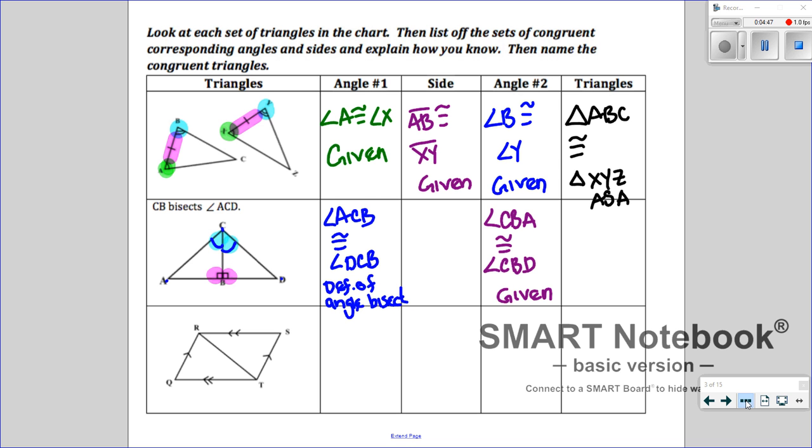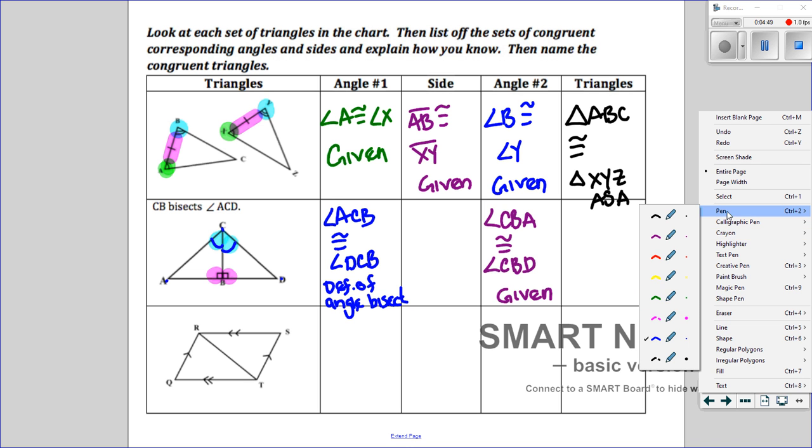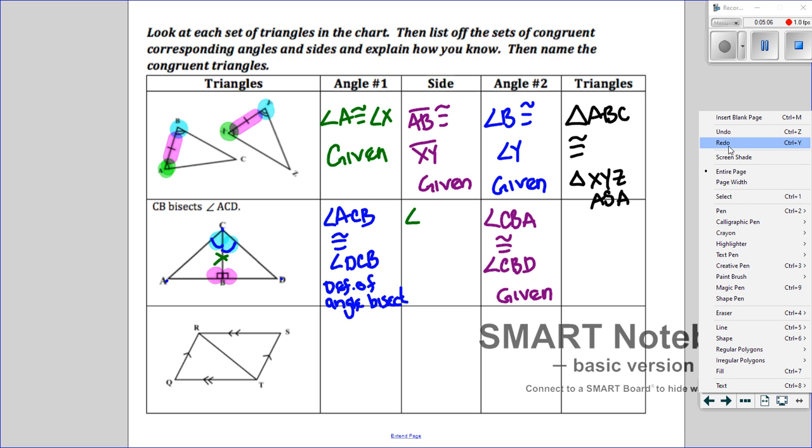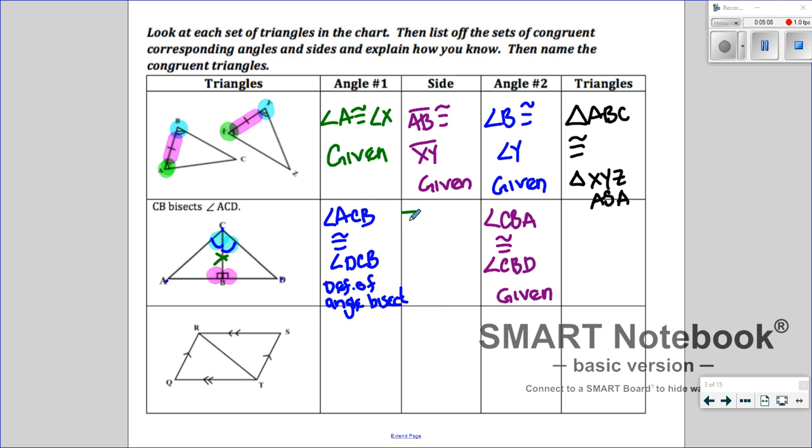And now we're going to do the side, and that side would be CB. We've got two triangles that share a common side, so it's going to be the reflexive property. They're going to be congruent to each other. So side CB is going to be congruent to CB, and it's because of the reflexive property.